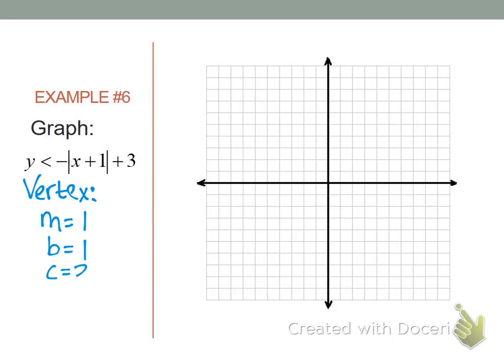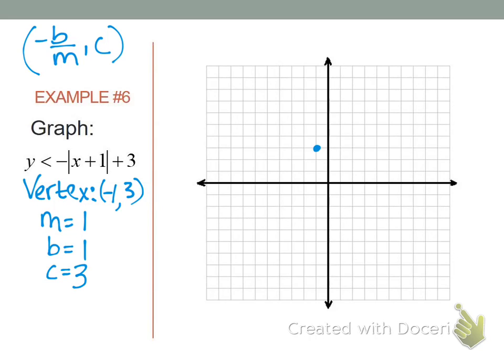B is also 1, C is 3. So for our vertex, we take the opposite of B over M. Negative 1 over 1 would be negative 1, comma, C is 3. So we graph that point, negative 1, 3.